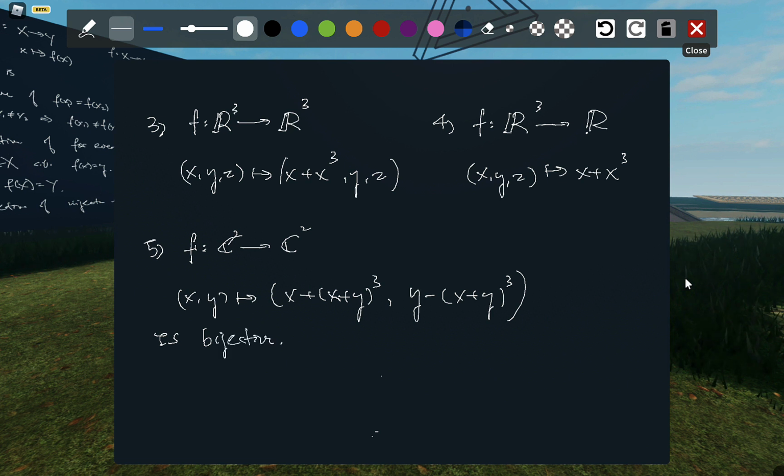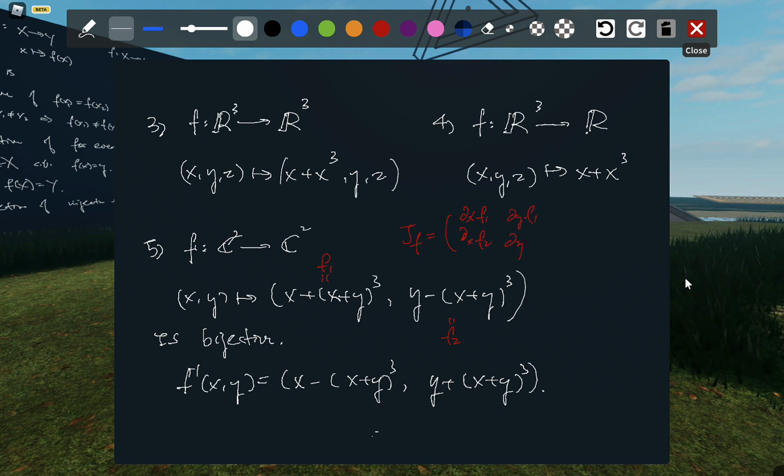And in fact, the inverse of f is given by x minus x plus y cubed, y plus x plus y cubed. And if you compute the Jacobian of this f, it's going to be dx f1, I guess this is f1, and this is f2, dx f2, dy f1, dy f2.